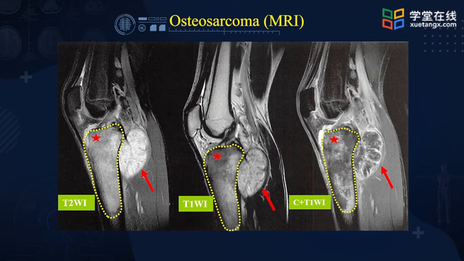The image in the middle is the sagittal T1 weighted without fat suppression, which shows heterogeneous hypointense changes in the tibia. The one on your right is the sagittal fat-suppressed T1 weighted imaging after contrast injection. The tibial sarcoma shows an uneven enhancement.